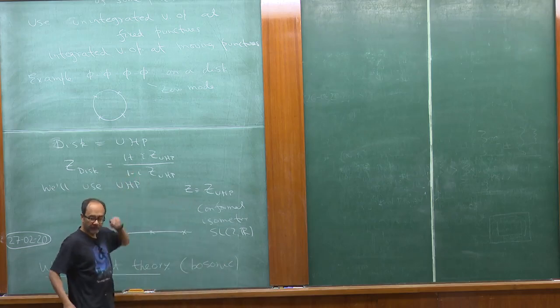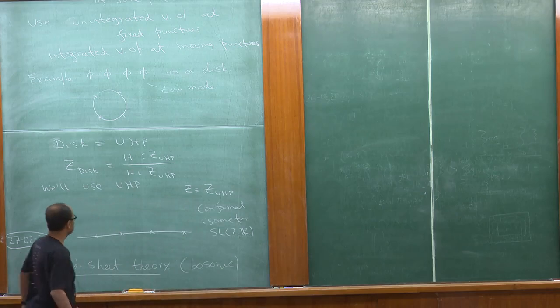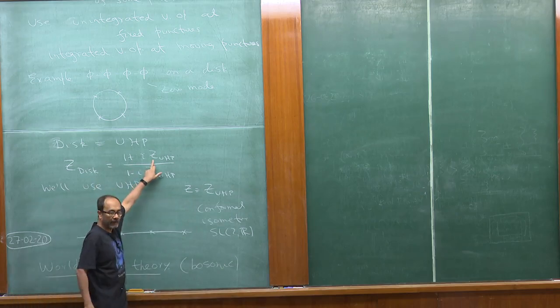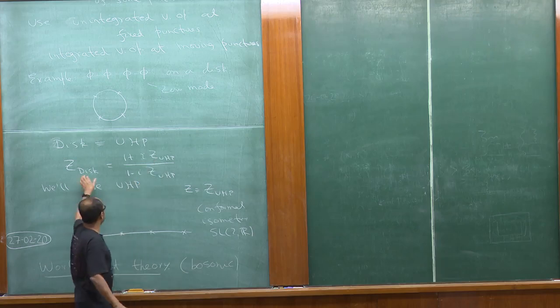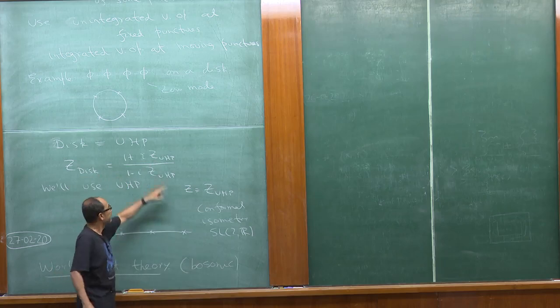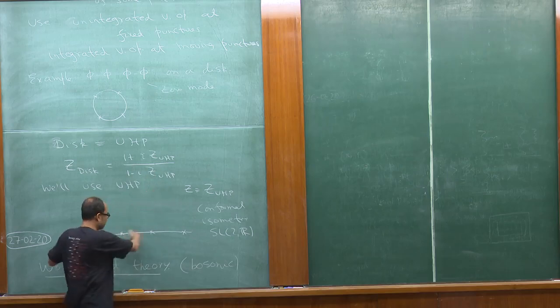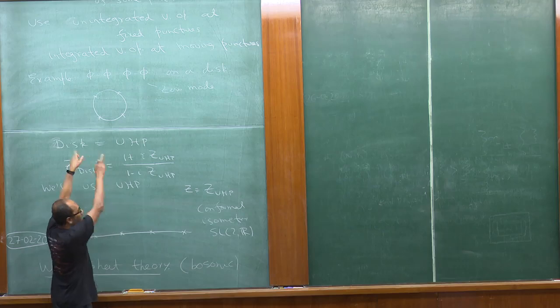This one? Yes. You can easily check that when z takes values on the upper half plane, this takes values on the disk. In particular, look at the boundary: z upper half plane is real, so if you take the absolute value, it is 1, because it's 1 plus i times real over 1 minus i times real. So the boundary maps to the boundary of the disk.